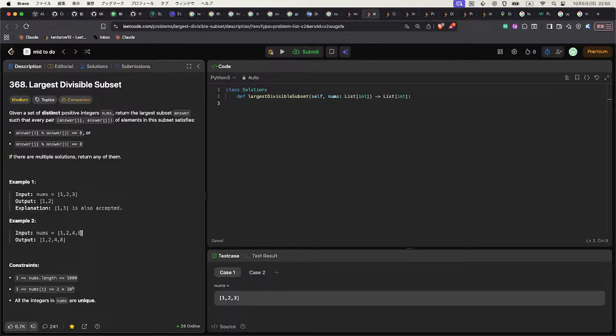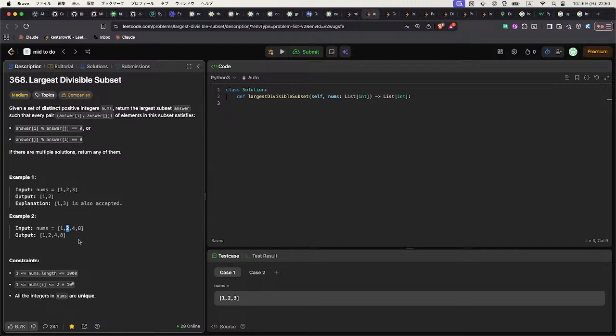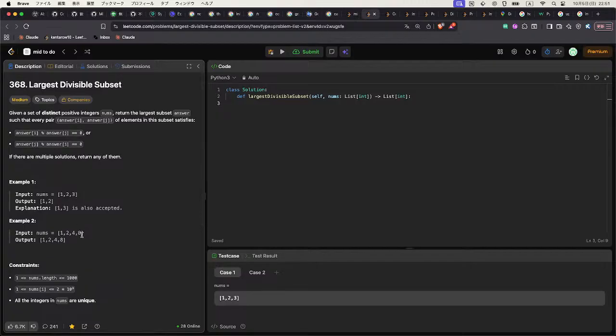Do we have to check if 8 is divisible by 2? No, we don't have to, because if 8 is divisible by 4 and 4 is divisible by 2, 8 must be divisible by 2, so we don't have to check all combinations, right? So we can define the subproblems. How do I define the subproblems, and how do I implement the solution?